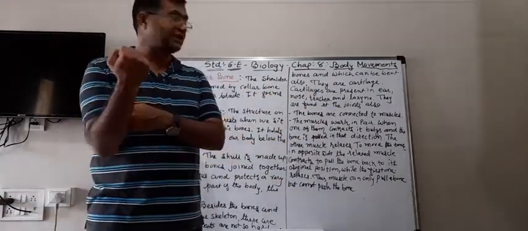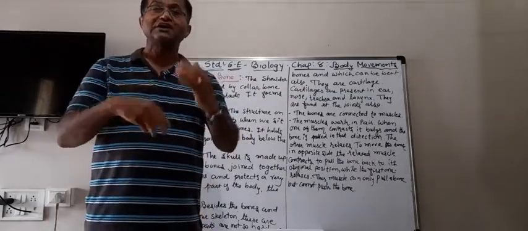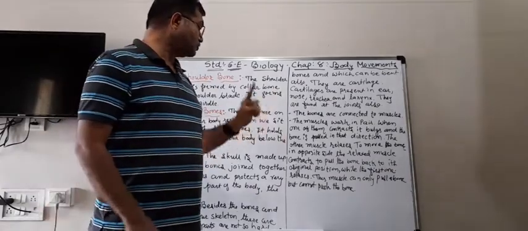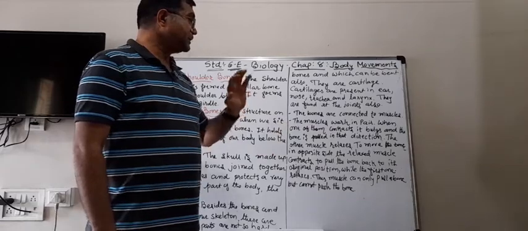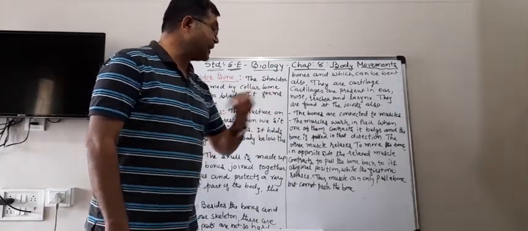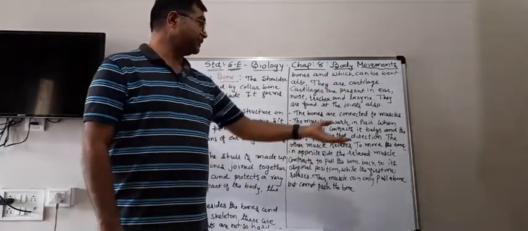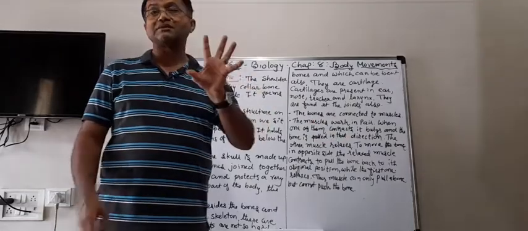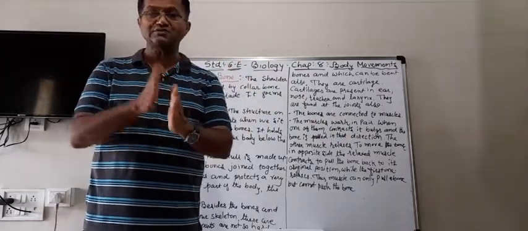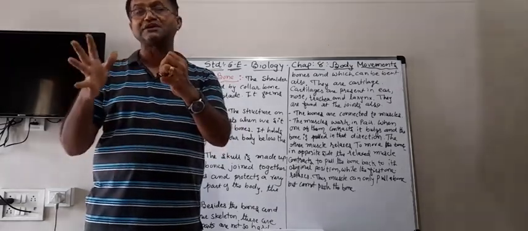So to move the bone to the opposite side, the relaxed muscle contracts to pull the bone back to its original position. When one muscle is contracting, the other muscle is relaxing.